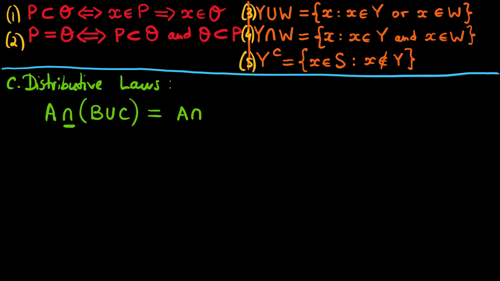So we distribute an intersection to B, and we distribute an intersection to C, and then these are chained together by the operator operating inside the parentheses, and that's the union.